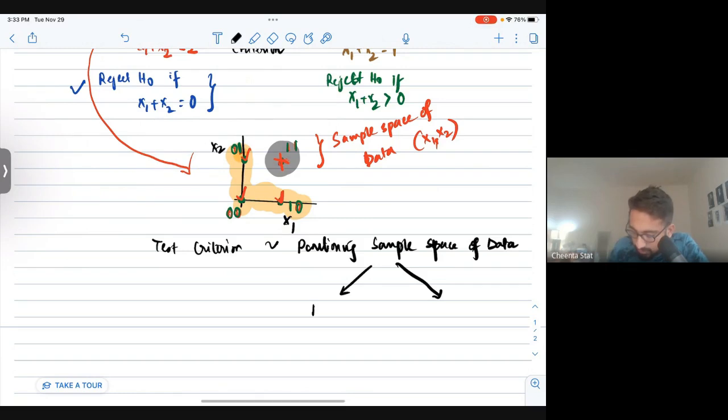In one half it's rejected, in the other half it's not rejected. What is not rejected? Null hypothesis H naught.